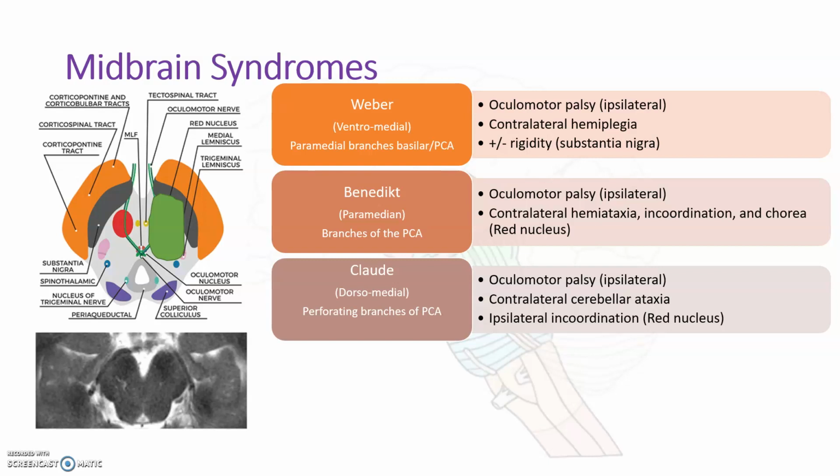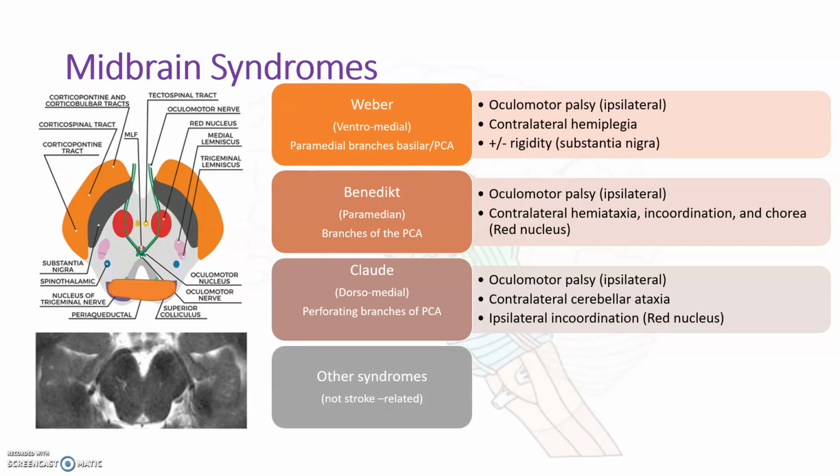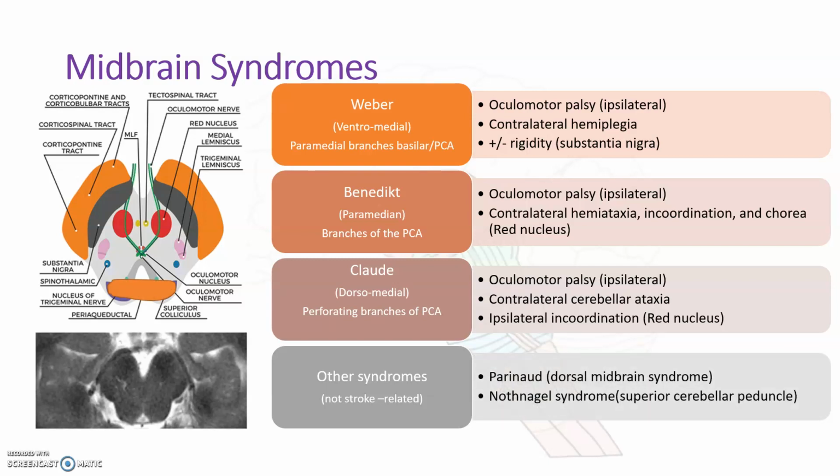Contralateral cerebellar ataxia and ipsilateral incoordination because of the involvement of the red nucleus. So the red nucleus is important in coordination. Finally, there are some other syndromes that are not necessarily stroke related, involving the dorsal midbrain or the superior cerebellar peduncle.